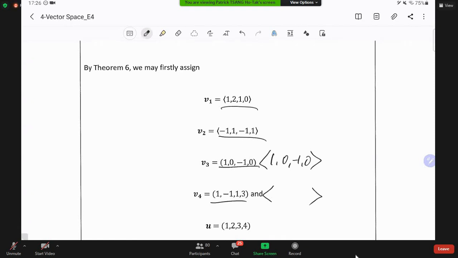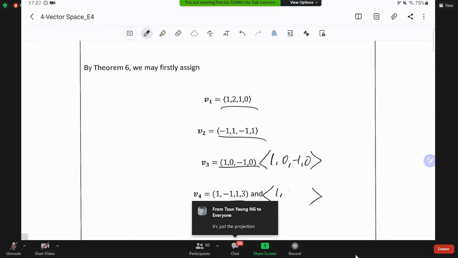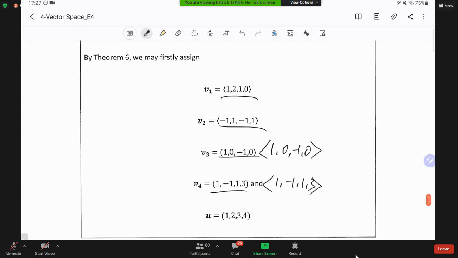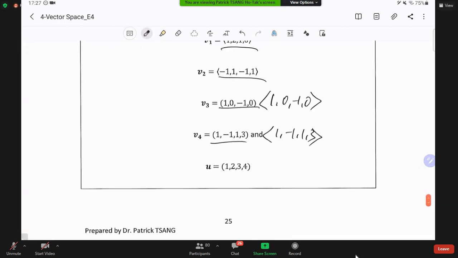And for V4, we replace it by the angular bracket again, to make it precise. Don't forget, we also need to change the presentation for the vector u.